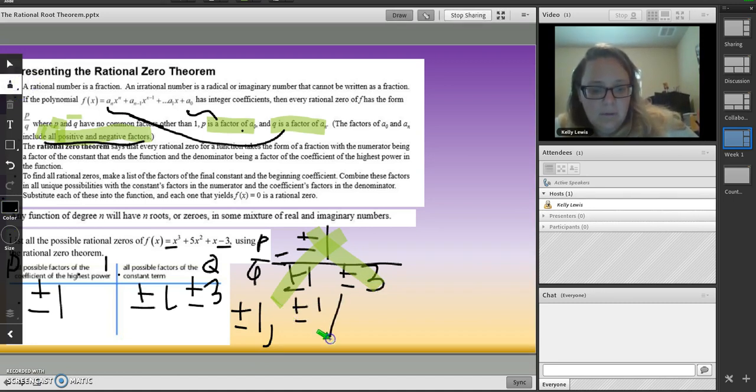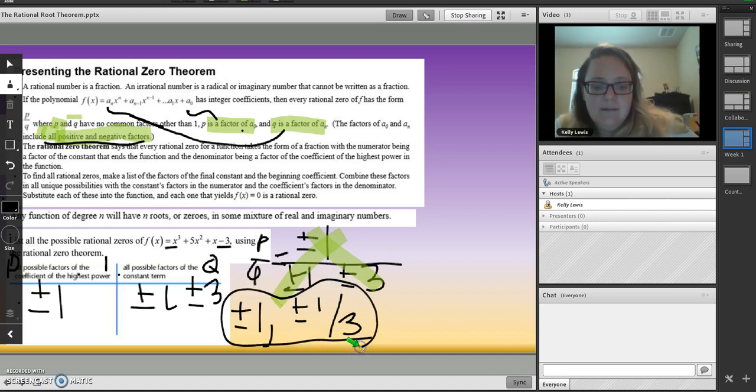Plus minus 1/3. And so there's 4 possibilities: plus 1, negative 1, plus 1/3, negative 1/3, for our possible rational zeros. We're not finding them right now.